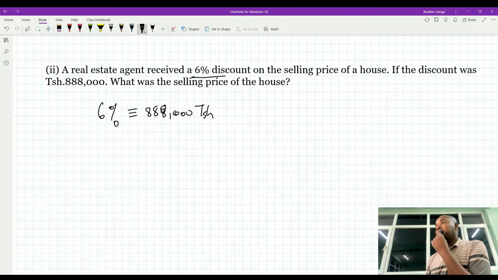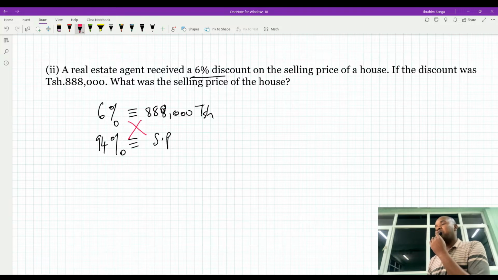And mind you, the selling price was discounted by 6%. So the selling price will be equivalent to 94%. 94% is equivalent to the selling price, which is going to be now SP. So we are looking for the selling price.